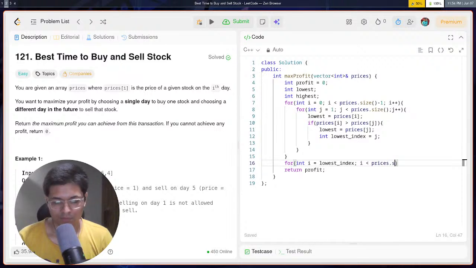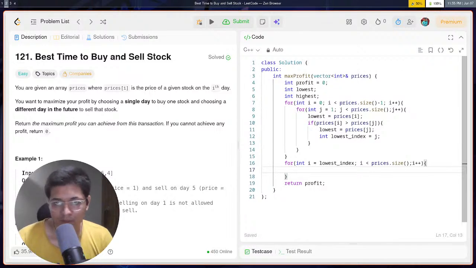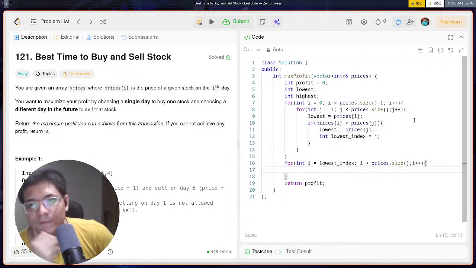Prices dot size. j plus plus, i plus plus, sorry. The lowest index i, prices size.